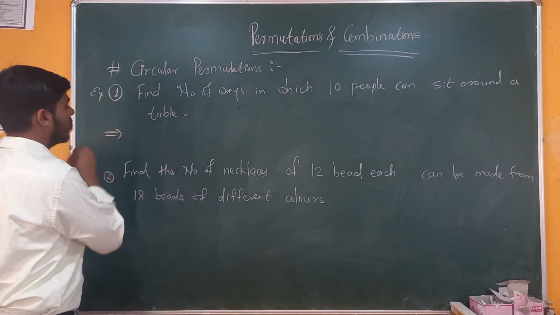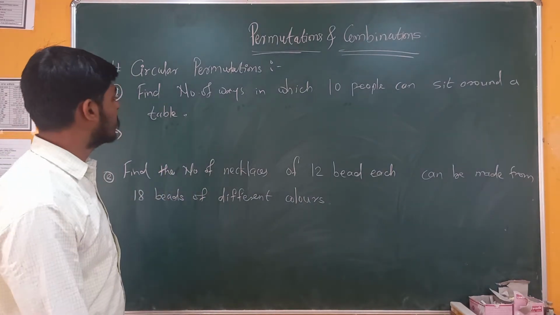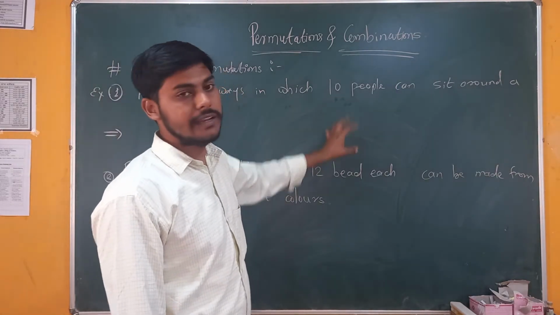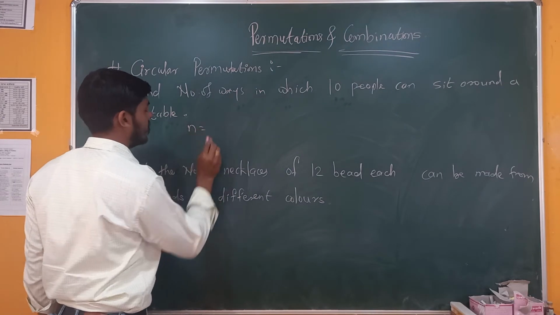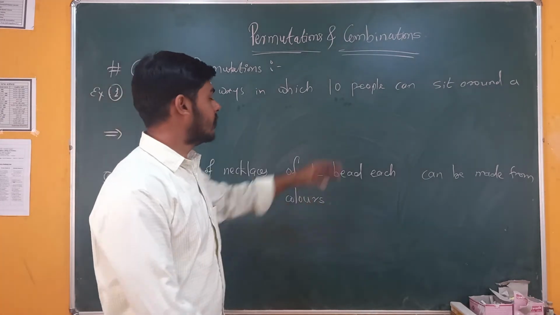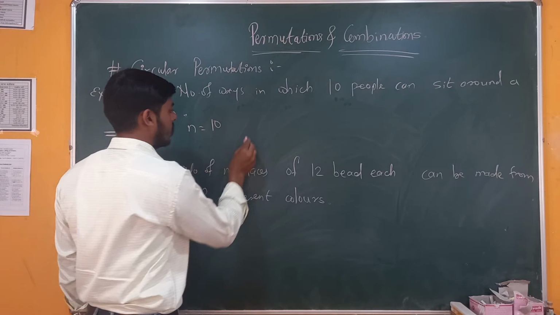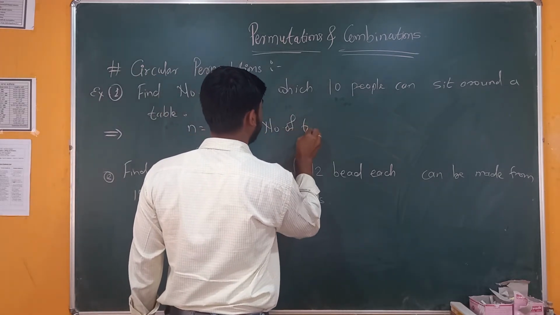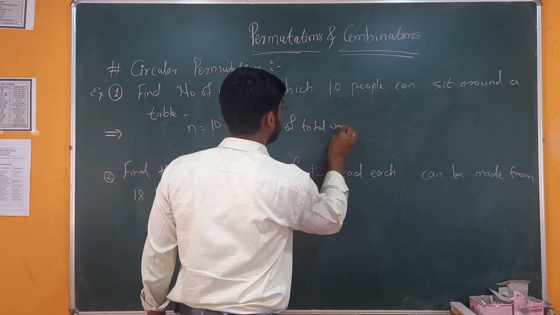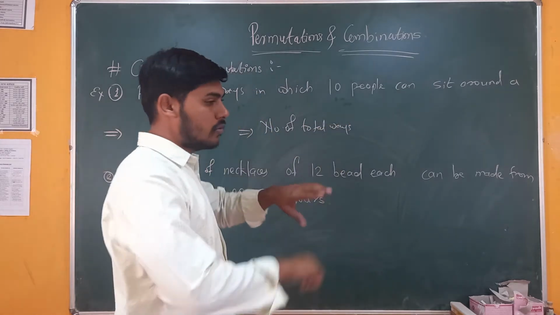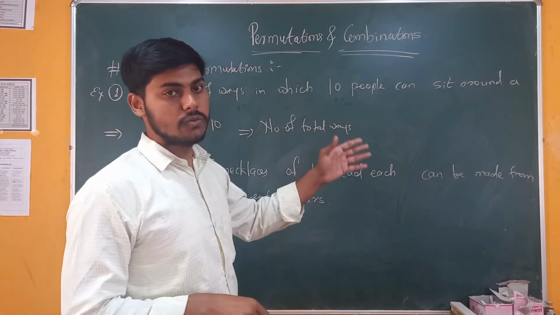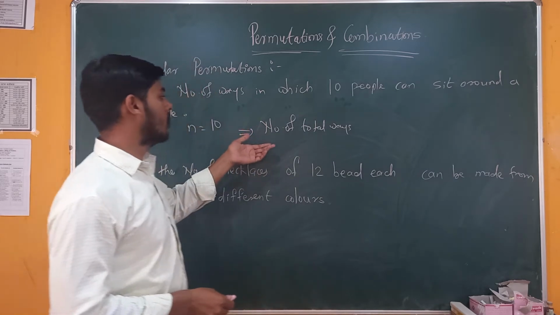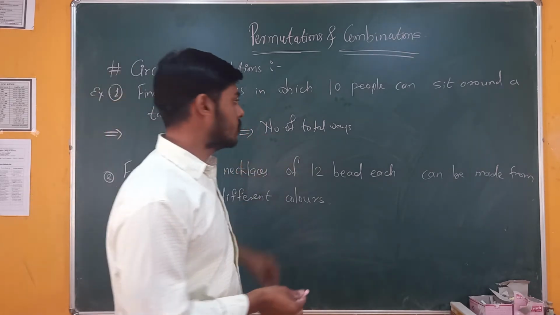Here the number of distinct objects is 10 people, so n equals 10. We have to seat 10 people in a circular manner, therefore we are using the formula for the number of circular permutations.